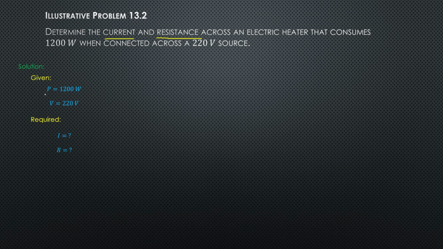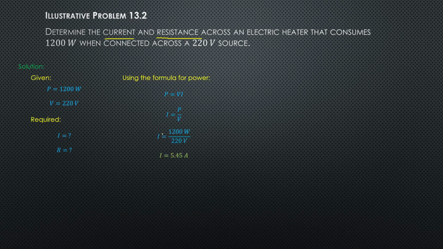From the formula of power, given voltage and power, we can solve for current I. Dividing both sides by voltage, the voltages are eliminated, so that leaves you current I. So I is equivalent to power all over voltage.